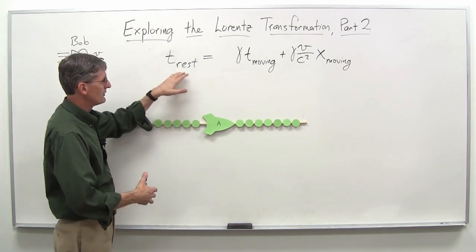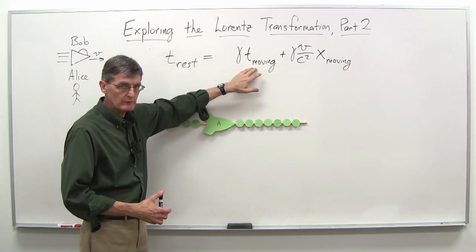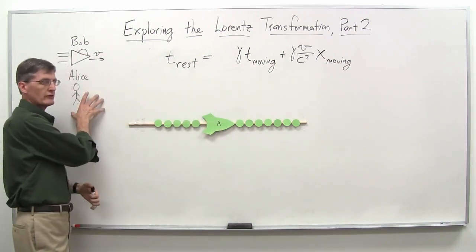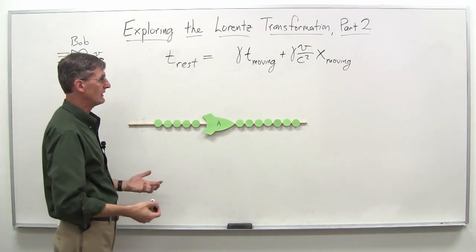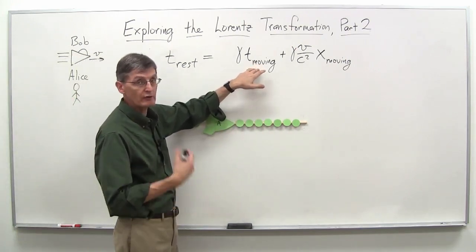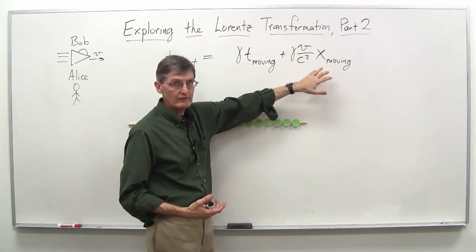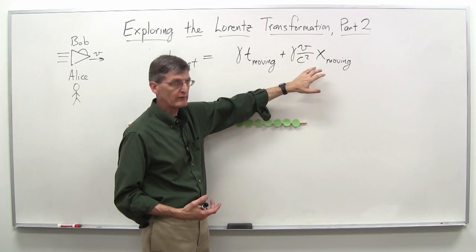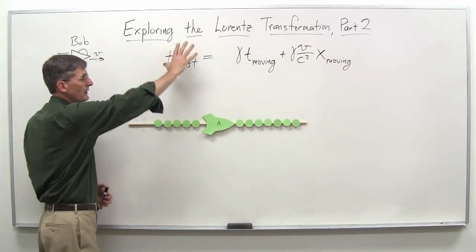So we have t rest equals gamma, remember rest frame and moving frame here. Alice is in the rest frame, Bob is in the moving frame, moving to the right at velocity v in the positive x direction. So gamma times a time value in the moving frame plus gamma v over c squared times an x value in the moving frame. In other words, x and t, the moving frame values, are measurements made by Bob.